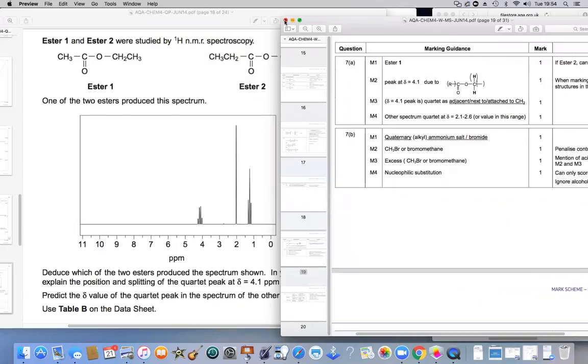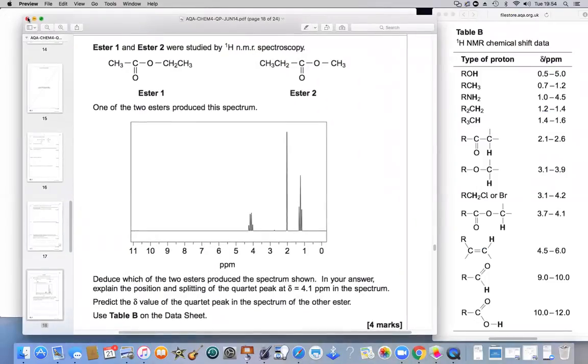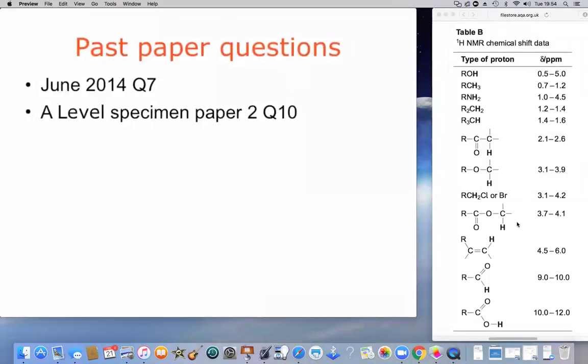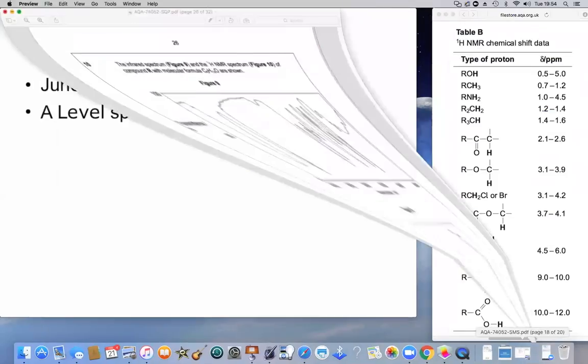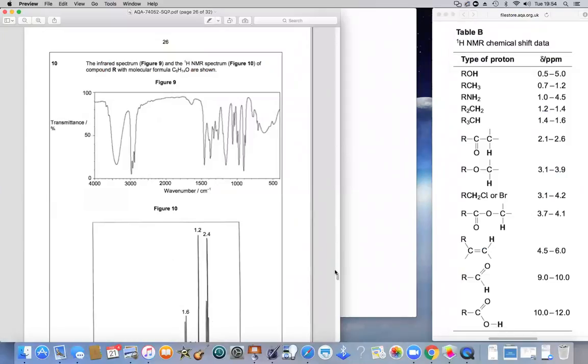Okay, we'll have a quick look at the other question. I don't know if you're going to like this one very much, but I think you need to see it. This is from the specimen paper, so it's a new spec question.